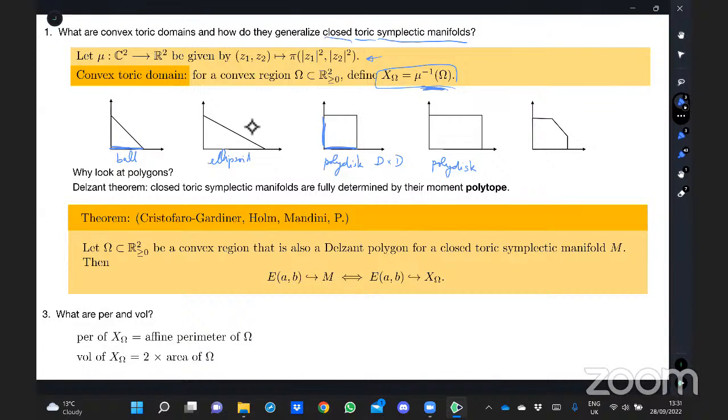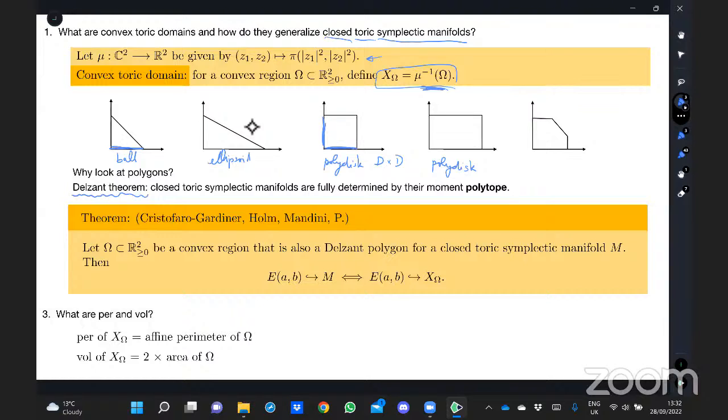Okay, and why am I drawing only polygons and not curvy convex regions? That's because that comes from generalizing closed toric symplectic manifolds. There's this beautiful theorem in symplectic geometry called the Delzant theorem. What we get from being a toric symplectic manifold is this map, again a moment map, and moment maps always map to Euclidean space of a certain dimension.